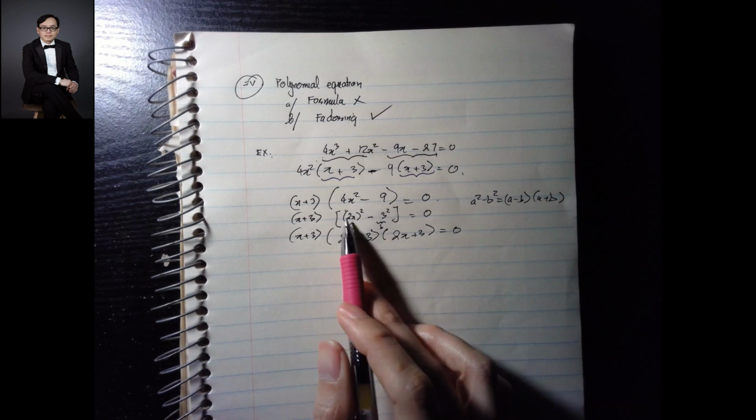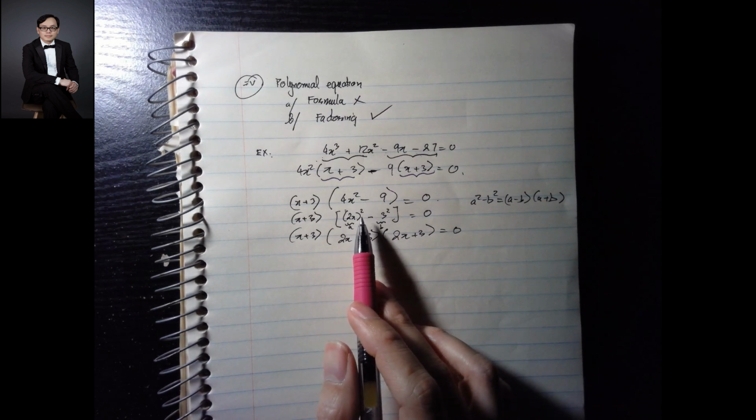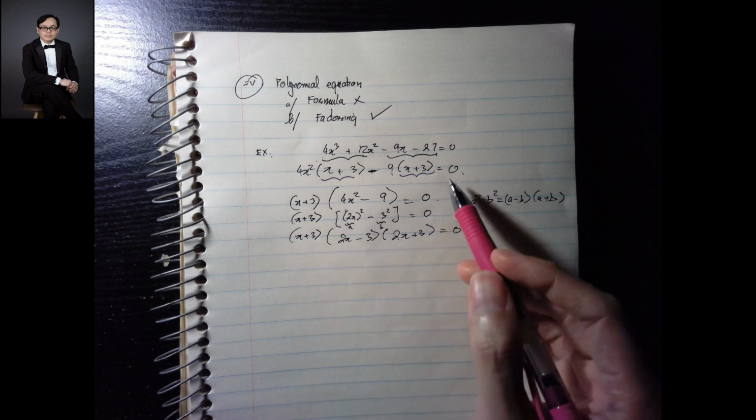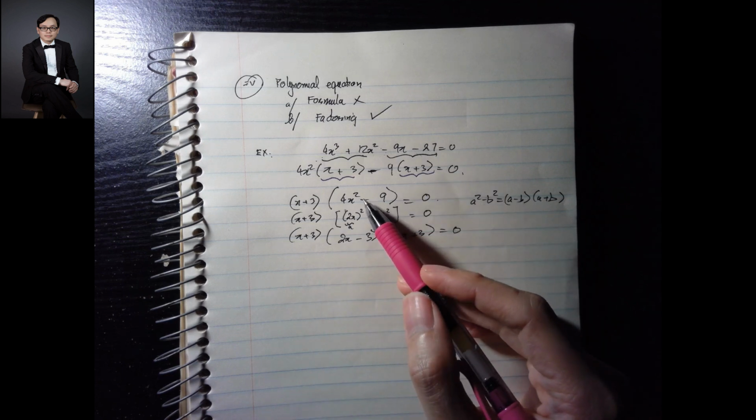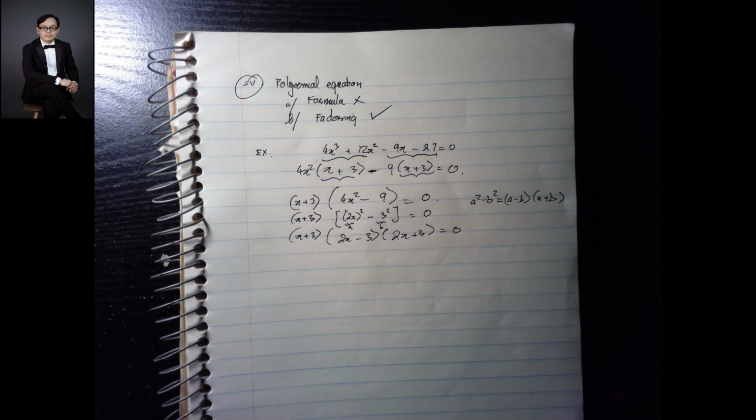Because mathematics is very transformative. For this example, yes, you can see that easily, but if I give you another example, another problem, then you have to make your own decision whether you should keep factoring or you can stop there.